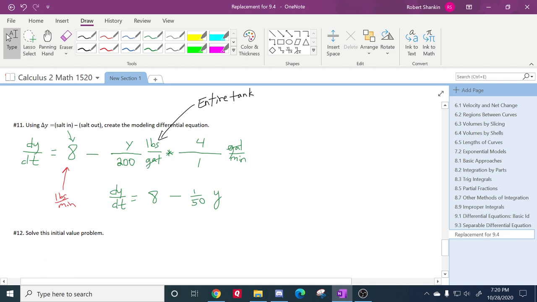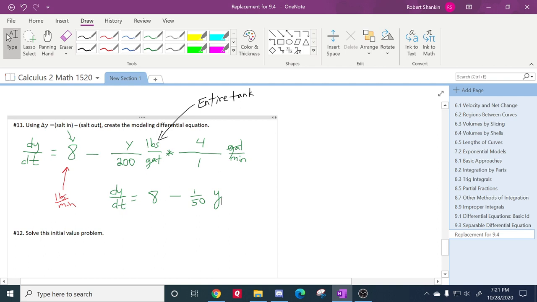Alright. So this is the differential equation. Now, think about this for a moment in a big picture sense. This is saying, how is the pounds of salt changing every time a minute goes by? Well, there's always 8 pounds of salt coming in every single minute.